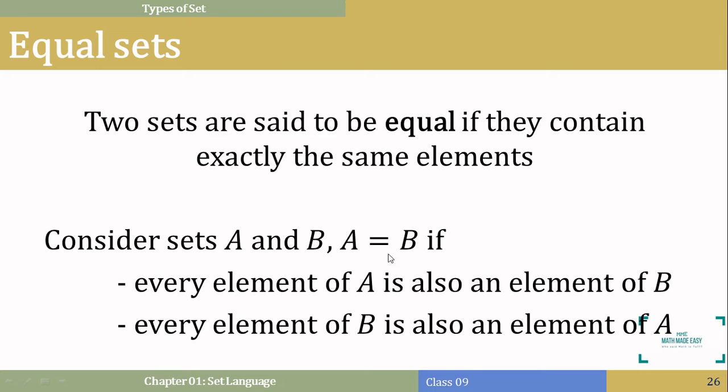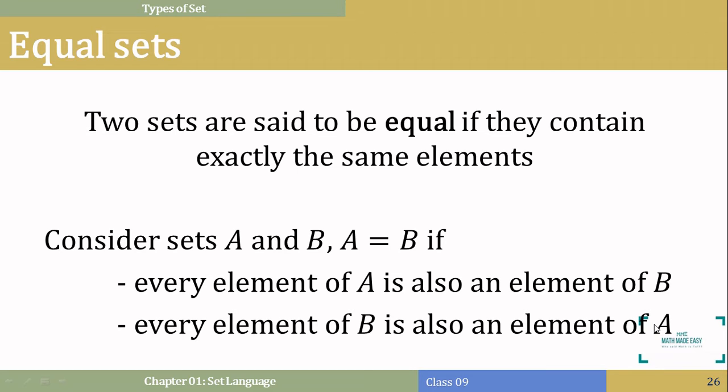Consider two sets A and B. We say A and B are equal sets if every element of A is also an element of B. Take an element from set A, you must also find the same element in set B. Or take any element in B, you must find the same element in A.